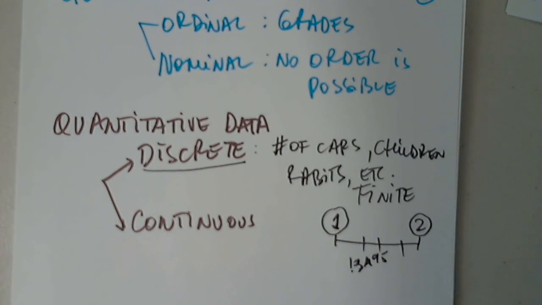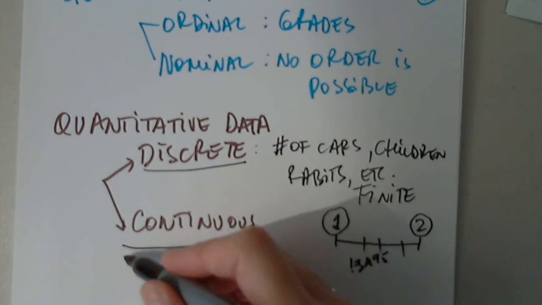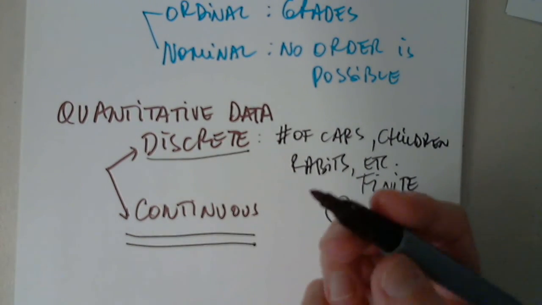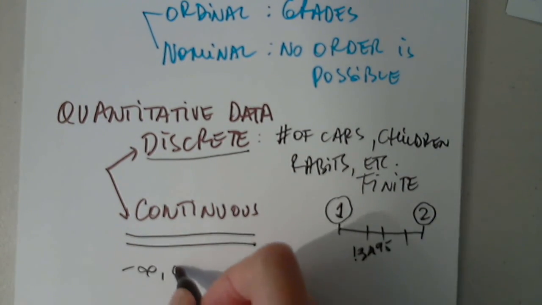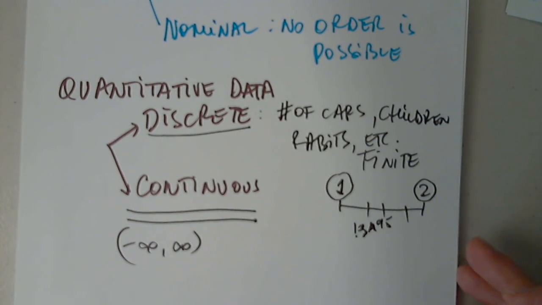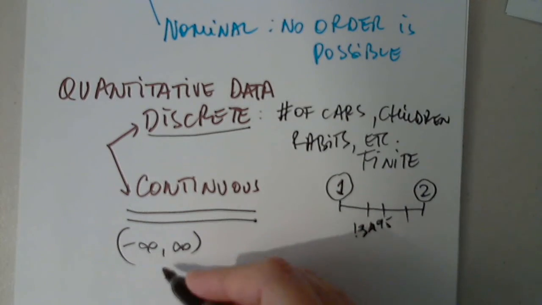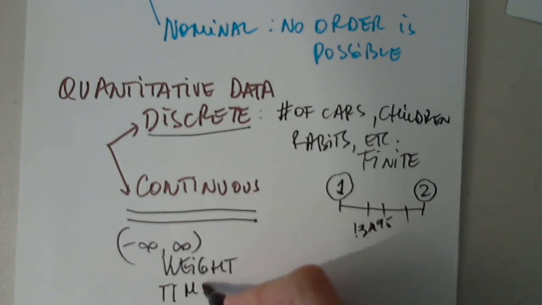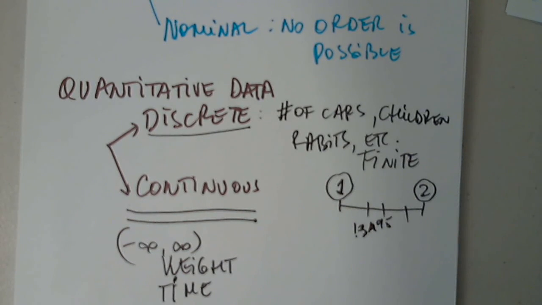That's not possible for discrete, but it is for continuous. They can go from negative infinity to positive infinity. Any number. Weight, for example. Time. Those are continuous.